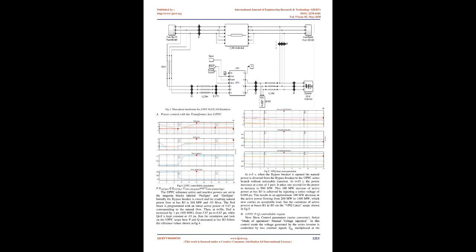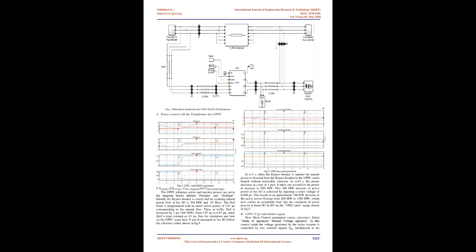The PREV block is programmed with an initial active power of 5.87 pu corresponding to the natural flow. Then, at t equals 10 s, PREV is increased by 1 pu, 100 MW, from 5.87 pu to 6.87 pu, while CREV is kept constant at -93 pu.